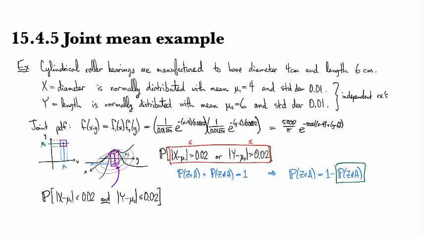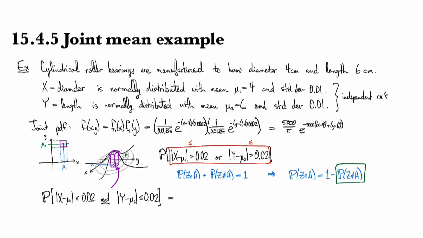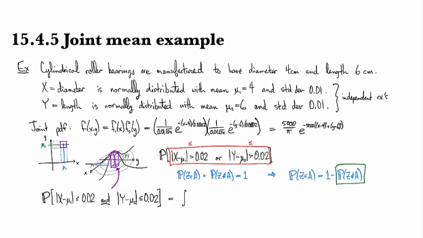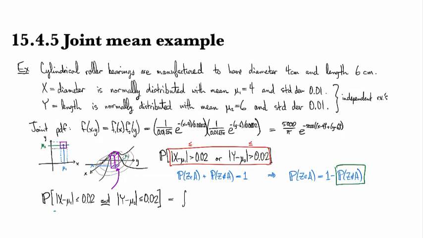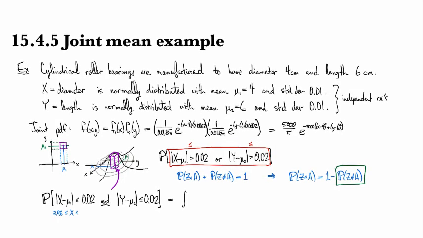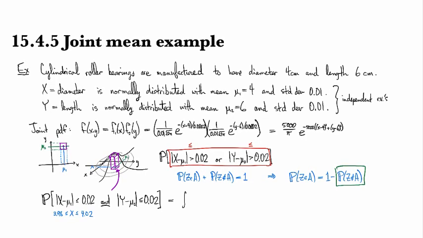So let me just write a little scribble here on the side. This is the same thing as 3.98 less than or equal to x less than or equal to 4.02. That's the interval that x can be in order for it to be within 0.02 of its mean.